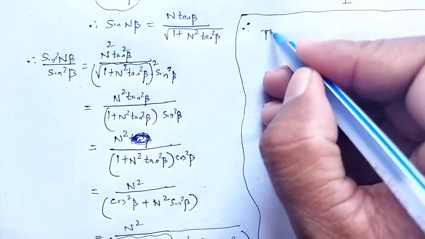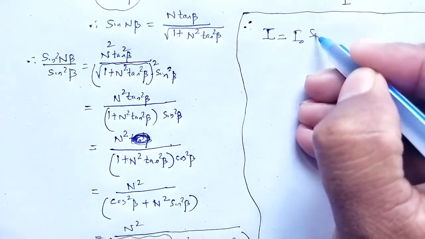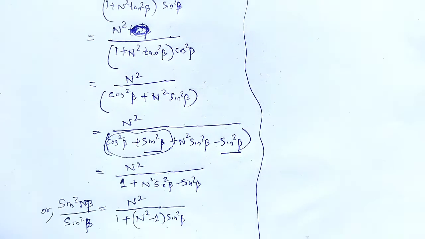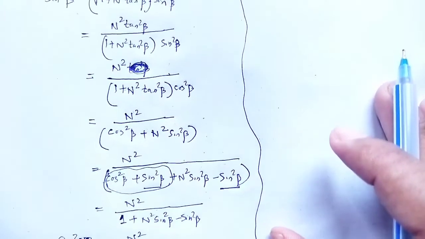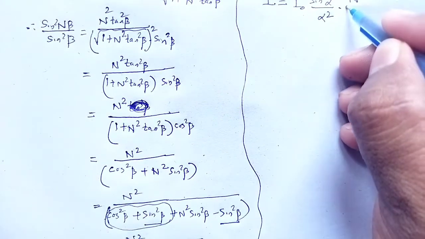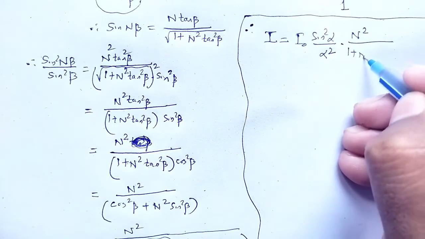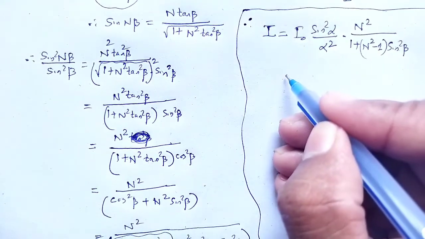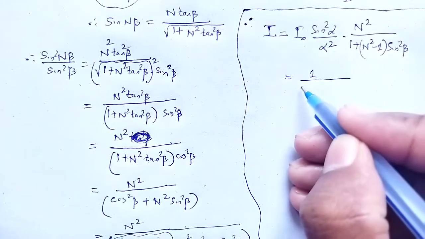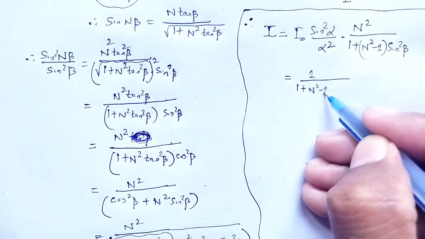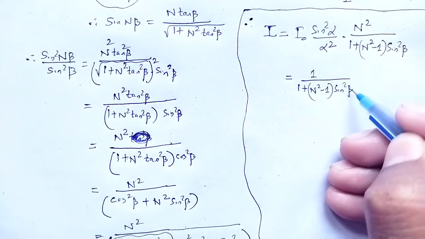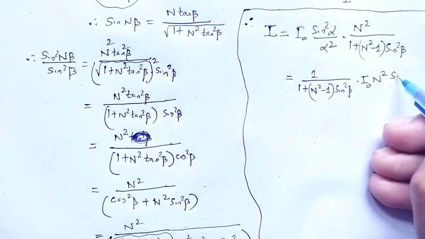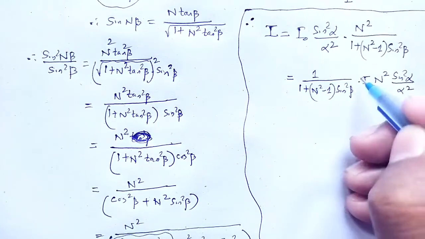Therefore I is equal to I naught sin square alpha by alpha square into, in place of sin square n beta by sin square beta, we use the value, that is n square divided by 1 plus n square minus 1 sin square beta, which is equal to 1 divided by 1 plus n square minus 1 sin square beta into I naught n square sin square alpha by alpha square.